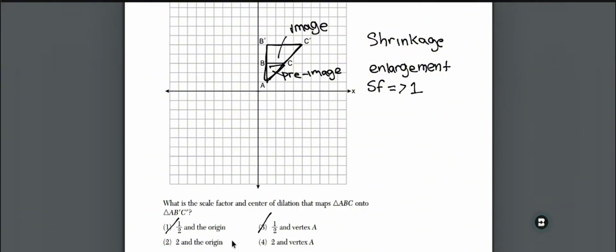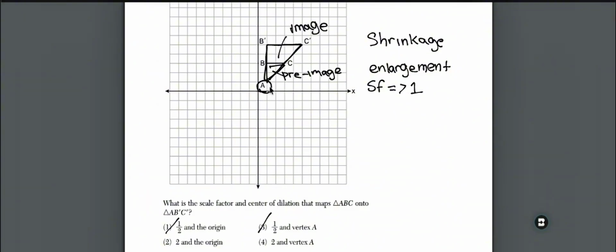Now, is my center of dilation about the origin, or is it about the vertex? To tell this, I can look at each of my points. B and B prime are at different points. C and C prime, again, at different points. But what I do notice is A. A does not change. A remains the same point for the pre-image and the image.